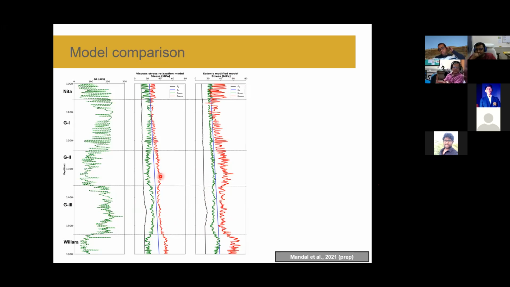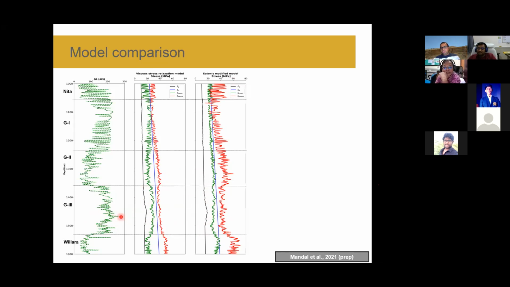Whereas the viscoelastic stress model is exactly opposite. The limestone layer has a relatively lower stress magnitude, or least principal stress, than the shale layer.